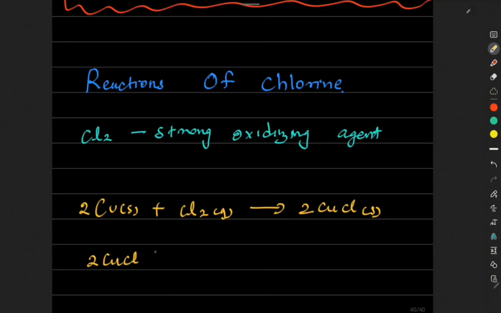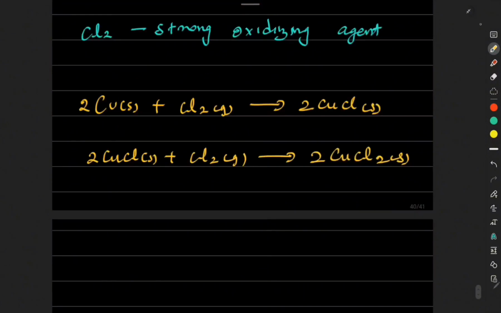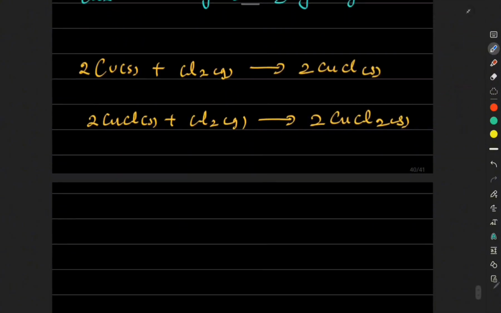And the next, CuCl reacts with chlorine gas and forms 2CuCl2. The next reaction is with ferrum, iron.